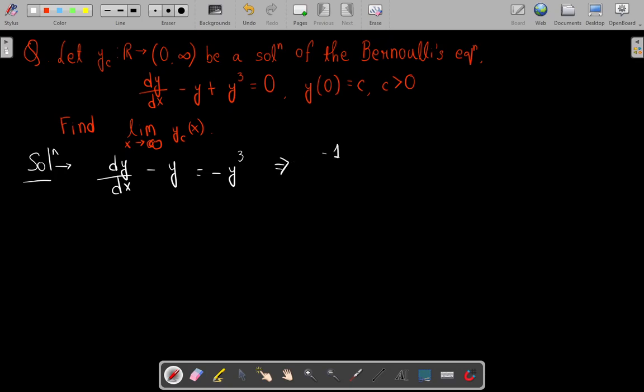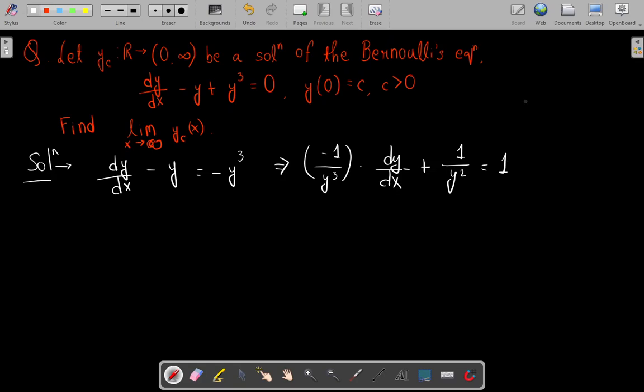So we get minus 1 upon y cubed times dy/dx, and then minus y divided by minus y cubed will be plus 1 upon y squared, and minus y cubed divided by minus y cubed will be plus 1. Okay, so now we are to transform this Bernoulli's differential equation into a linear differential equation.